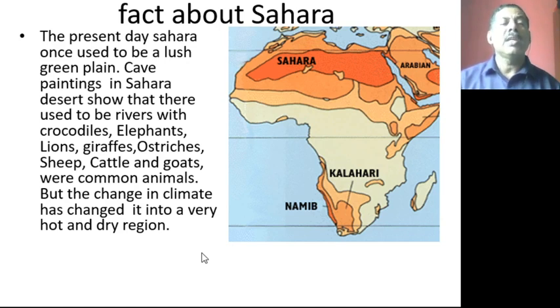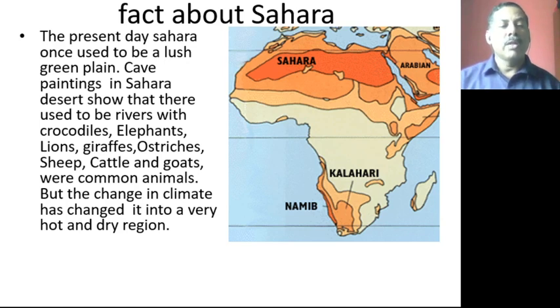The present-day Sahara used to be a lush green plain. Earlier, it was completely covered with a green plain. How can we identify that? The cave paintings in the Sahara Desert show that there used to be rivers with crocodiles.